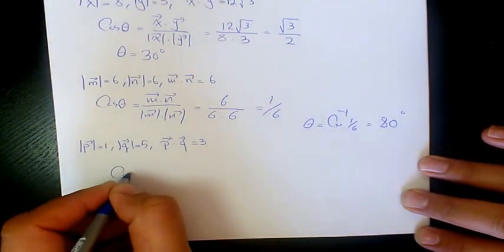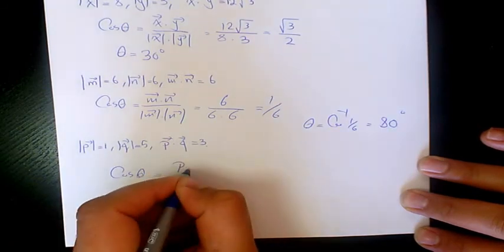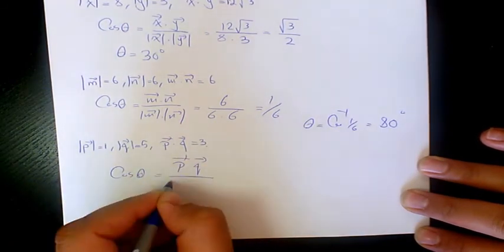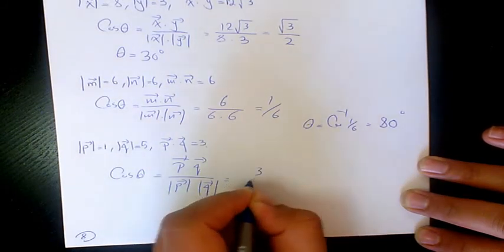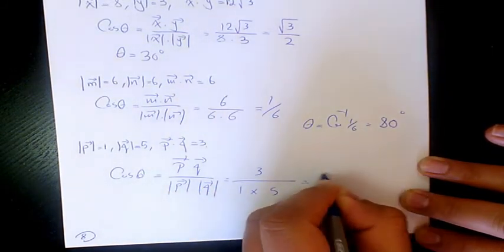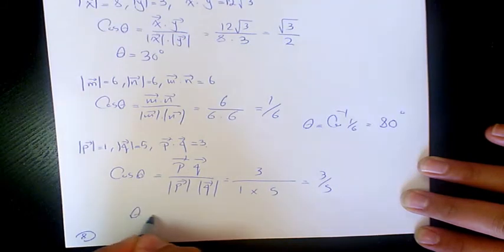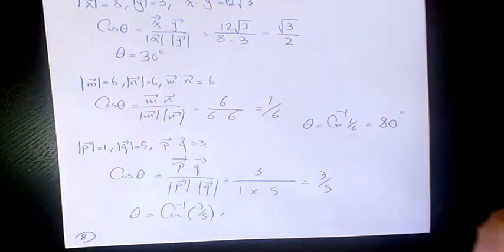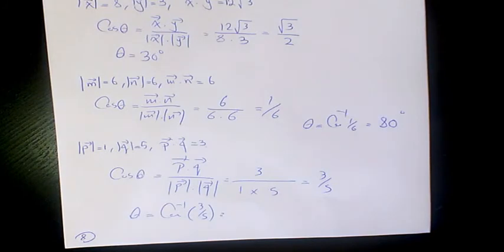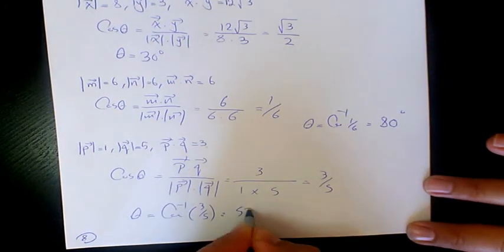Next one. Cosine theta equals p dot q divided by the magnitude of p times the magnitude of q, which is 3 over 1 times 5. It's going to be 3 over 5. So theta is cosine inverse of 3 over 5, which is 53 degrees.